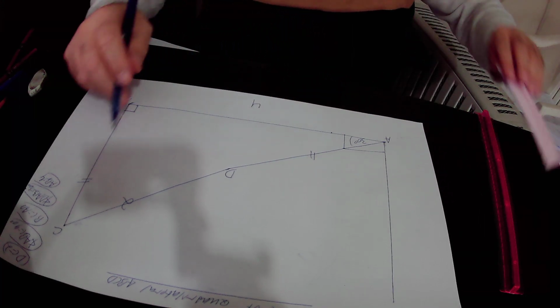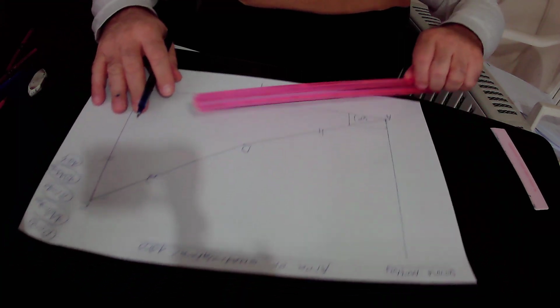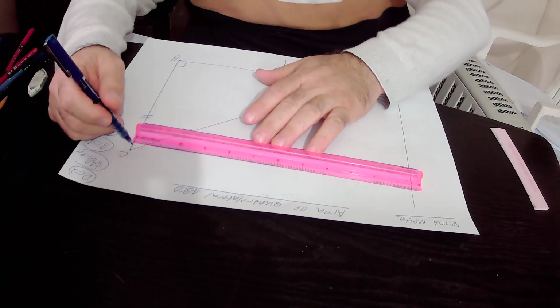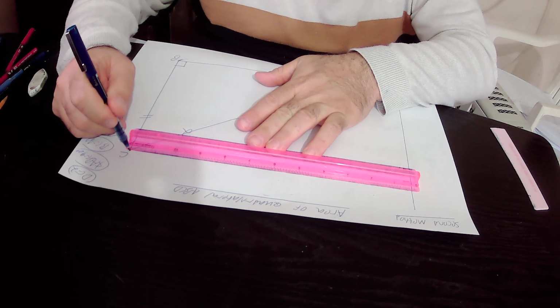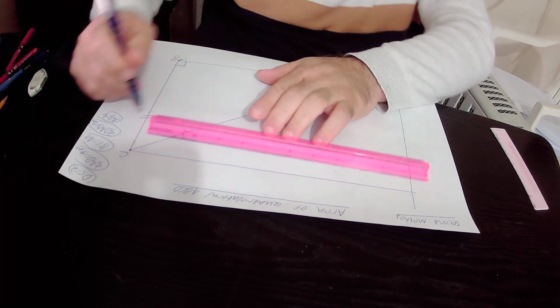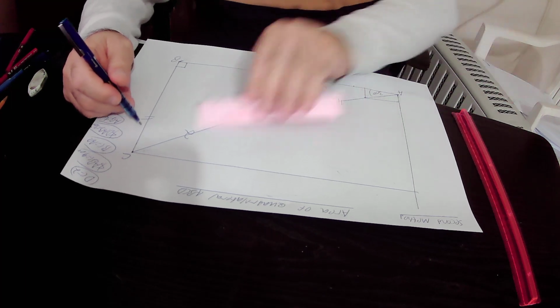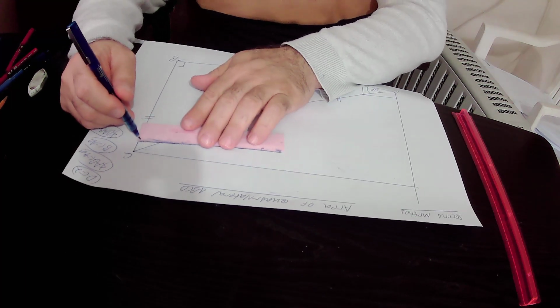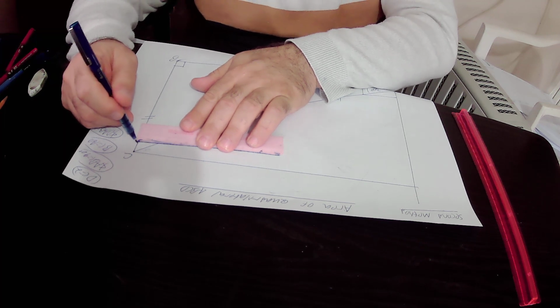And from point C we will draw a perpendicular to CB. So this angle will be a right angle, that is to say it will be equal to 90 degrees.